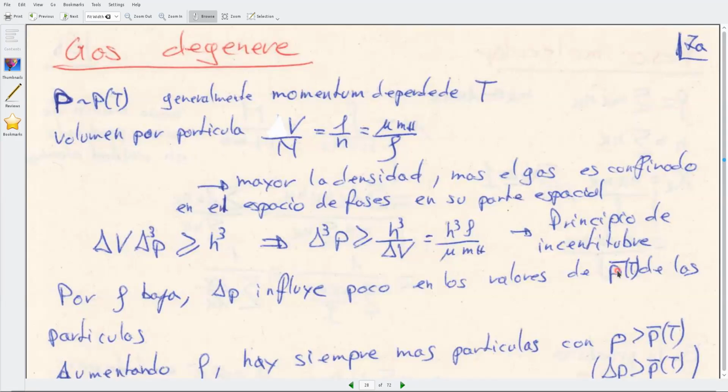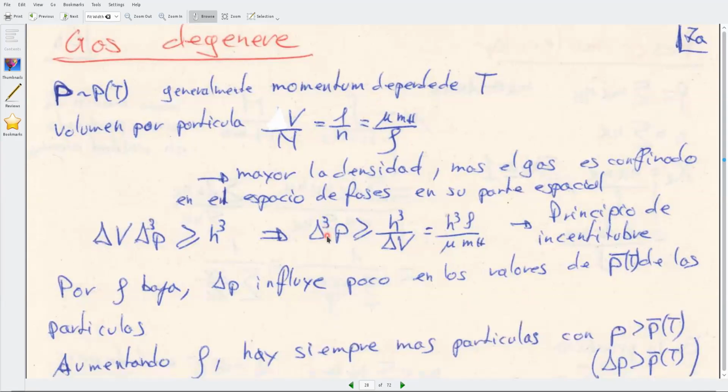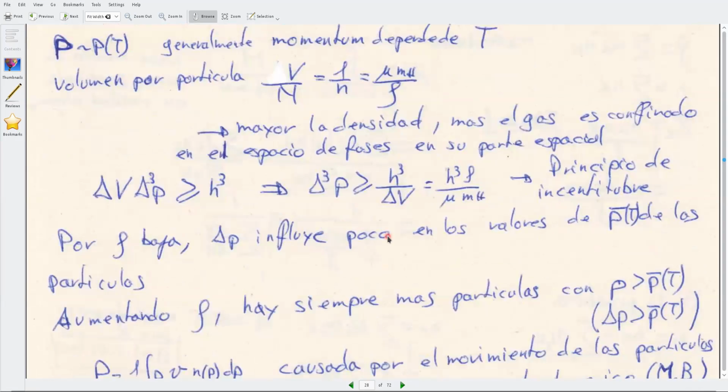That means the particle's momentum starts to be more influenced by this uncertainty, and the mean momentum starts to lose connection with the temperature, as it should be, and becomes more connected with the limit given by the uncertainty principle.